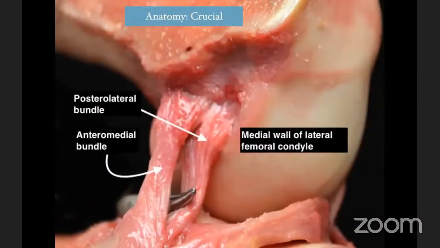Now, the femoral attachment site of the ACL is described as oval-shaped and is divided into two distinct bands. These bands are named according to their tibial attachment sites, so you have the anteromedial bundle and the posterolateral bundle. Anatomy is very crucial when you're planning to make your femoral tunnel.